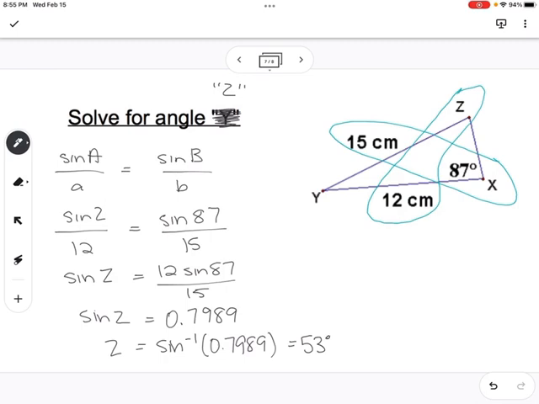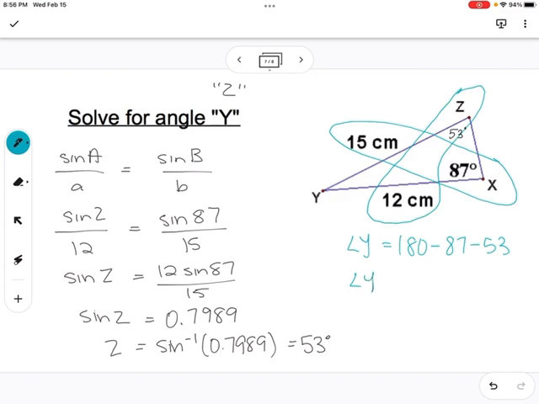Okay. So having this angle of 53 degrees, we now have two angles in the triangle, and we can solve for angle Y. So going back to our original question, we can now solve for angle Y. We know that the degrees in a triangle add up to 180. So to find angle Y, that's going to be 180 subtract angle X and angle Z, which is subtract 87 and subtract 53.